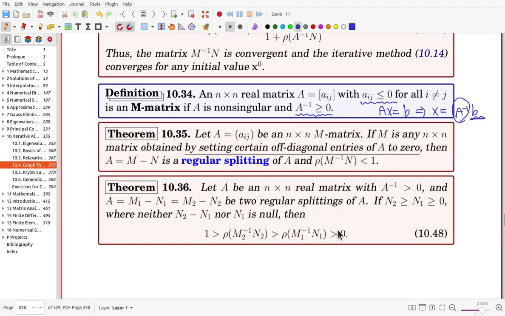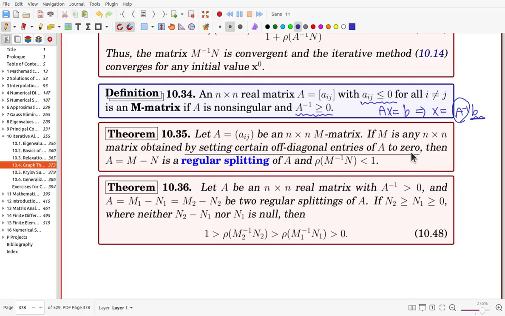Now, another theorem is saying that in setting certain off-diagonal entries of A to 0, the manner can be different. In fact, for the Jacobi method, we set every off-diagonal entry to 0. But for the Gauss-Seidel method, we set only a proportion of off-diagonal entries to 0.